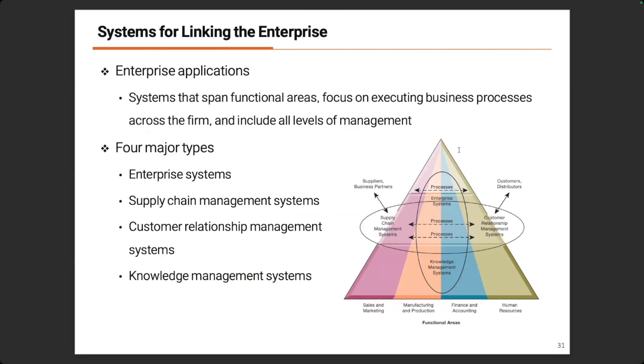Maybe you've heard about these kinds of systems. So enterprise systems are enterprise resource planning, ERP, and supply chain management system is SCM, and customer relationship management system is CRM in short, and knowledge management system is KMS.